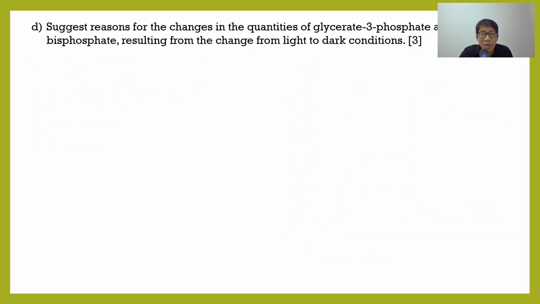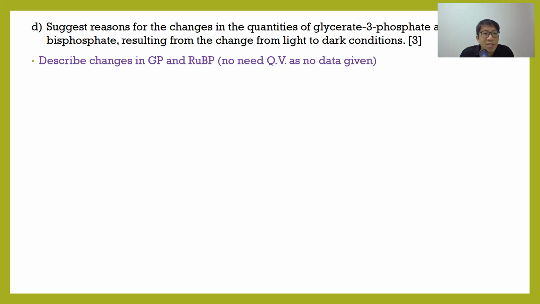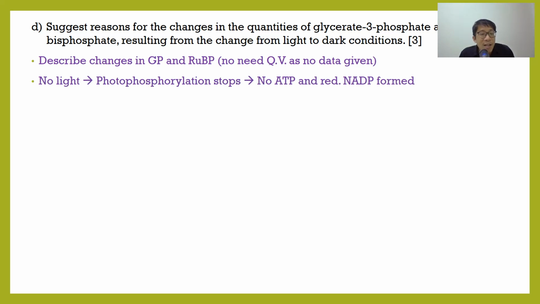Okay, so the structure of the answer is quite similar to A part 2. I will still have 4 points, even though this is a 3-mark question. So the first point will still be the description, but no QV here because no numbers are given in the graph. Okay, then the basis of the change.